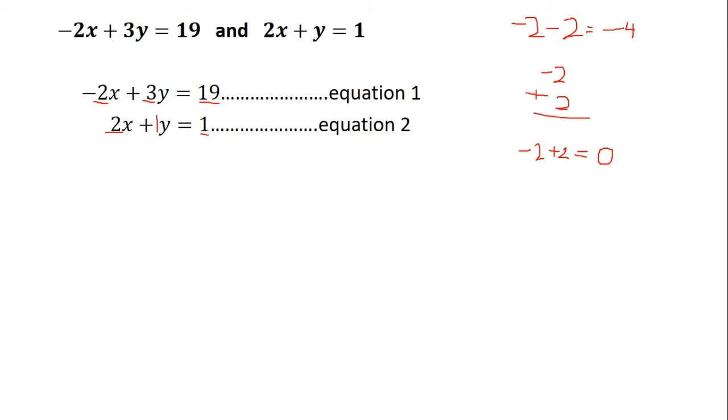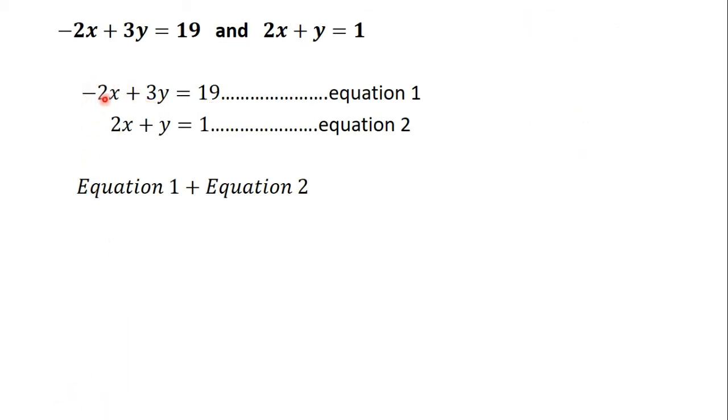So that is what we are going to do. We are going to add equation 2 to equation 1. So I'm going to say equation 1 plus equation 2. Okay, so how do we do the addition? We take the first part of equation 1, which is minus 2x. Then we add to it the first part of equation 2, which is 2x. So minus 2x plus 2x.